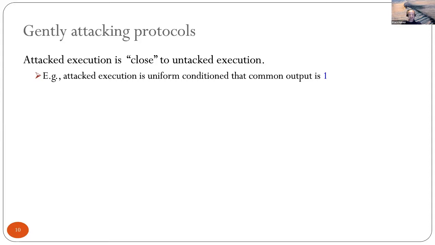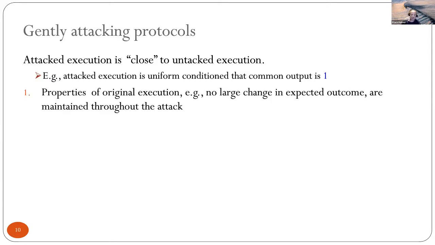For instance, assume that the attack managed to make the attacked execution the uniform one, conditioned on the common output being 1. So it's a very successful attack, but on the other hand, with probability 1/2, the common output of a coin flipping protocol is anyhow 1. So it's really, in terms of KL divergence, very close to the uniform execution. And why is it important? For several reasons.